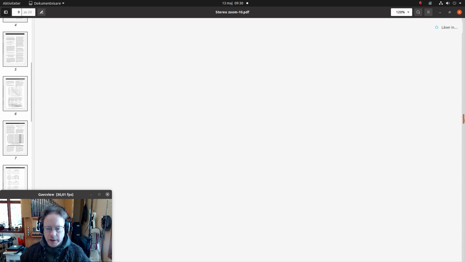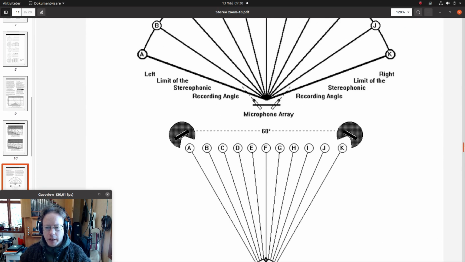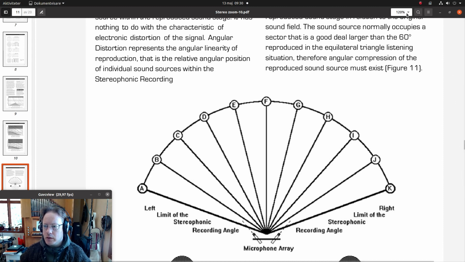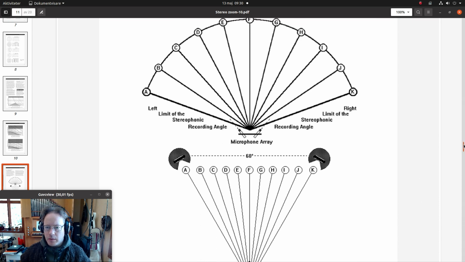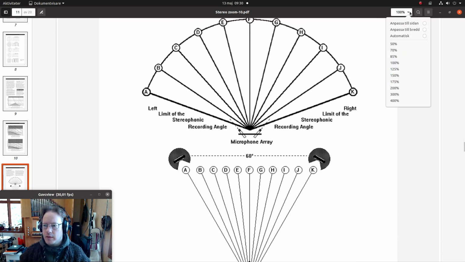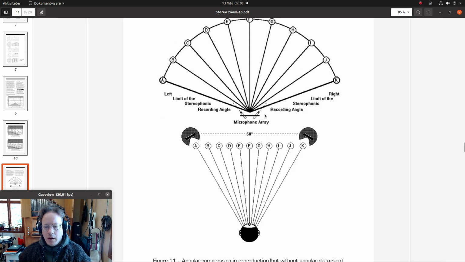Why this matters is that when we are recording something, I should make this a little bit less in size. This is the stereophonic recording angle we are talking about, leftmost and rightmost, and we want to have what sound sources we have in this field represented approximately in the same way when we are listening through the speakers.